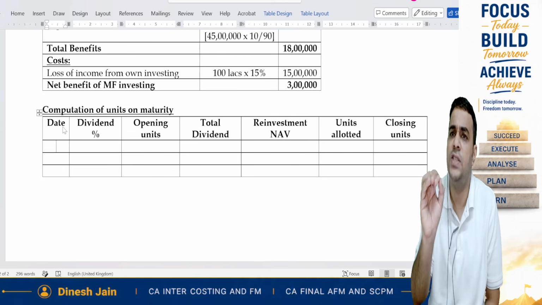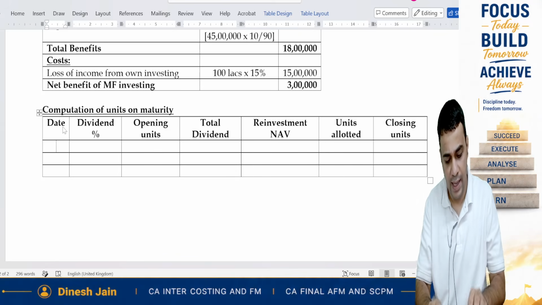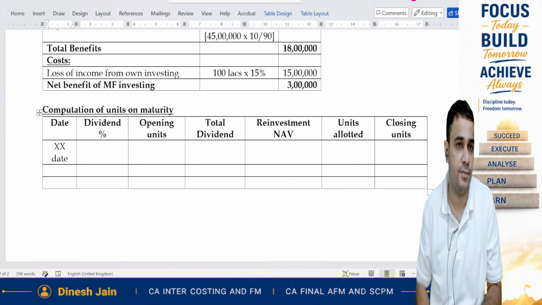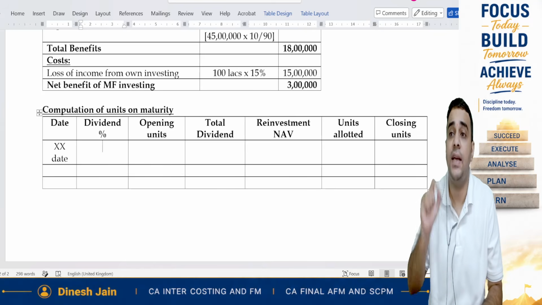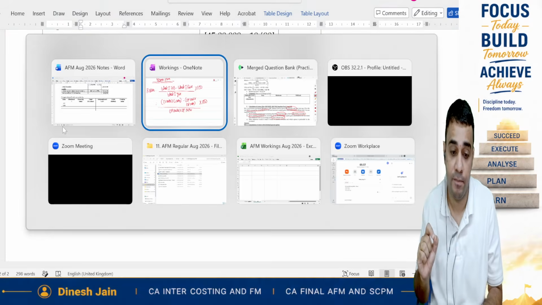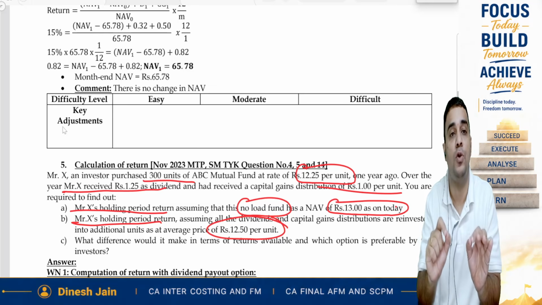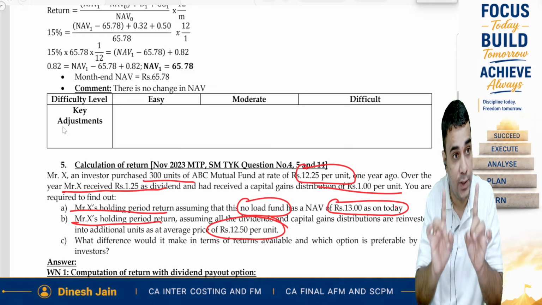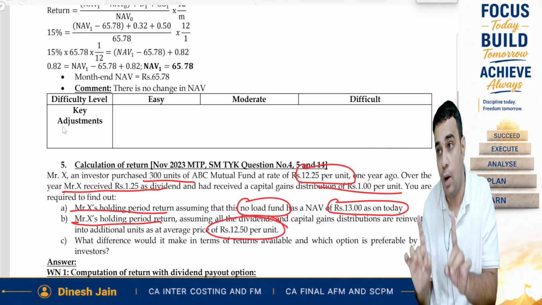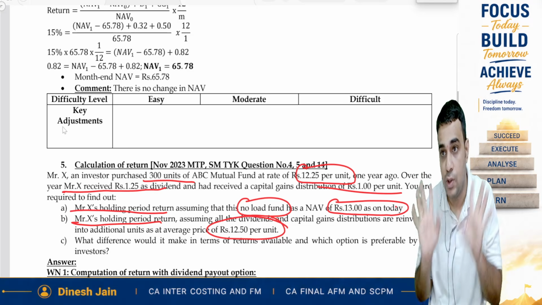Have they given on which day the dividend is paid? Any date they have given? Ex-date, doesn't matter. Have they given any percentage dividend? The dividend is mentioned as 1.25 and 1. 1.25 is dividend, 1 is also dividend.